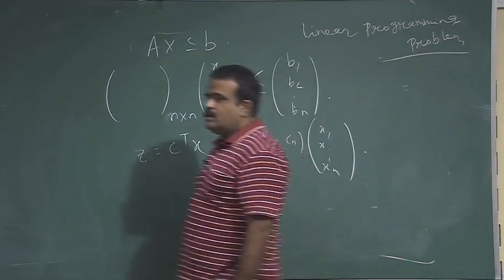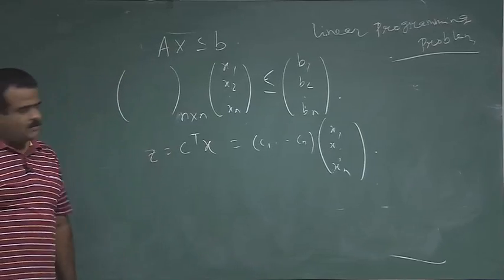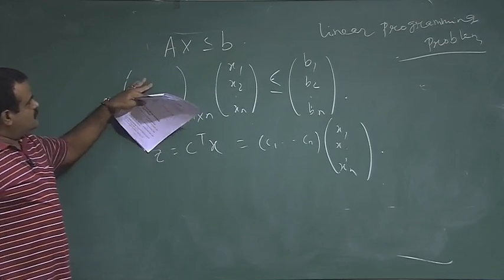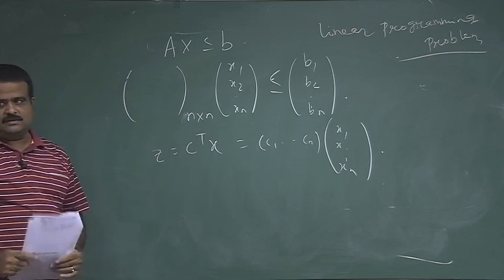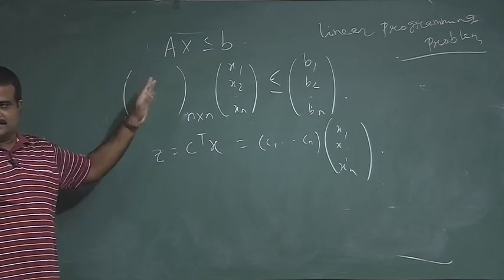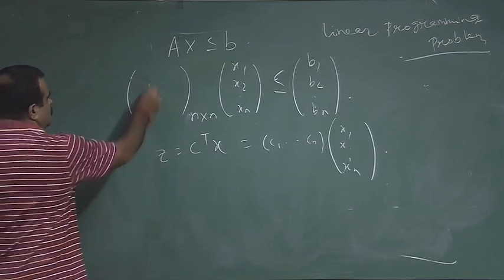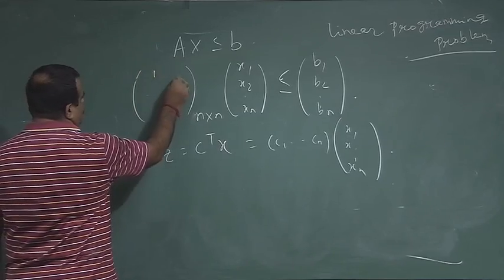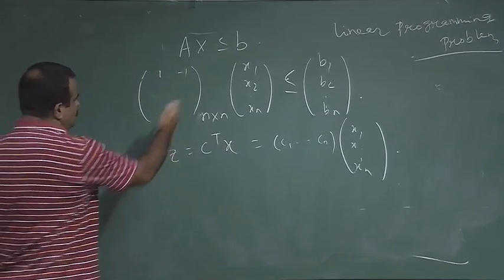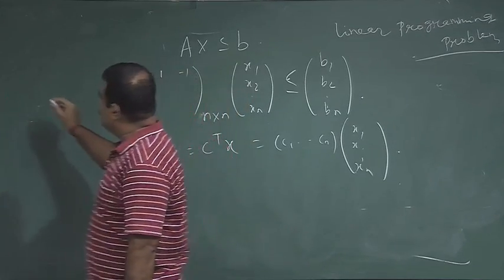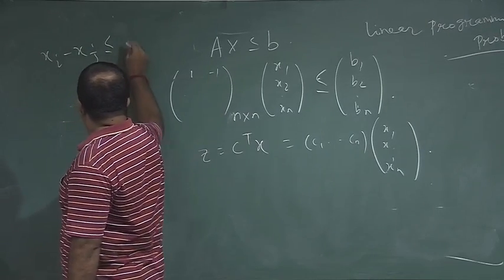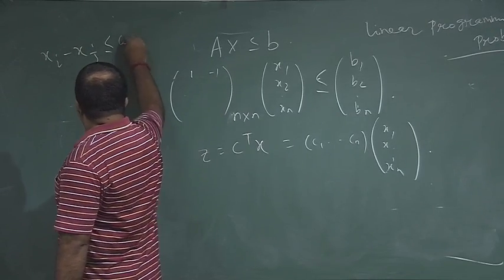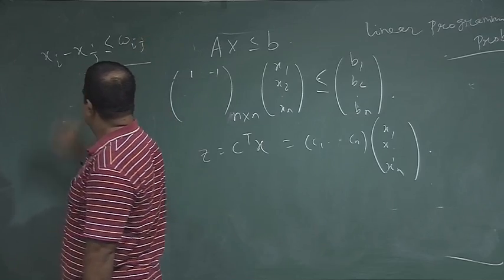Here we will take a particular case of the linear programming problem, where the matrix has only two nonzero elements in each row, plus 1 and minus 1, and the remaining are 0. That means our inequalities are of the form xi minus xj less than or equal to some wij.